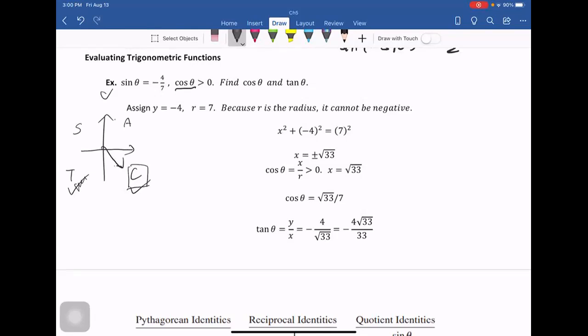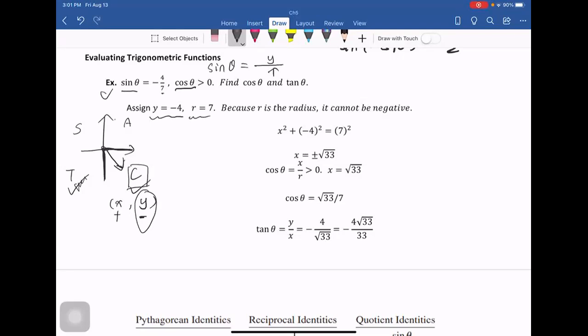So in here, the x is positive. The y value is negative because on this side, x is positive, and on this side, y is negative. Since we know sine theta equals -4/7, and also we know sine theta equals y over r, we can assign y is -4, y is negative, r is 7 in the bottom part.